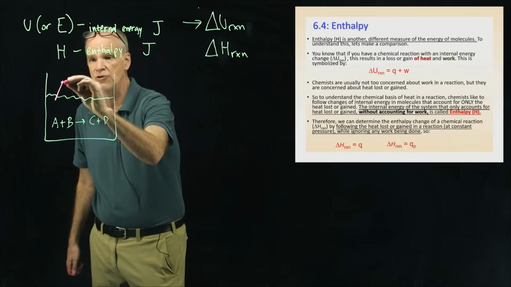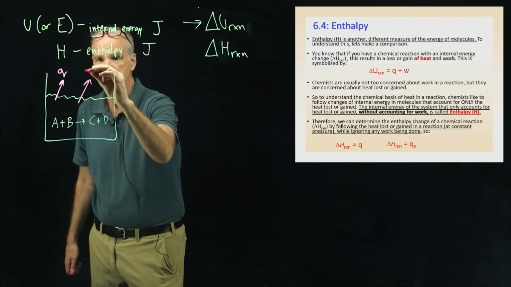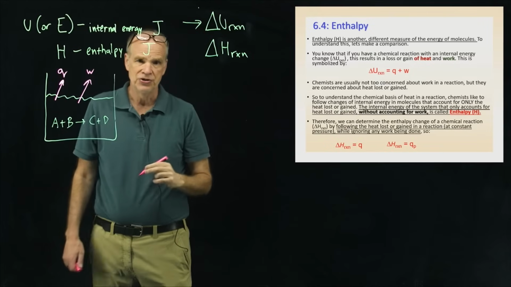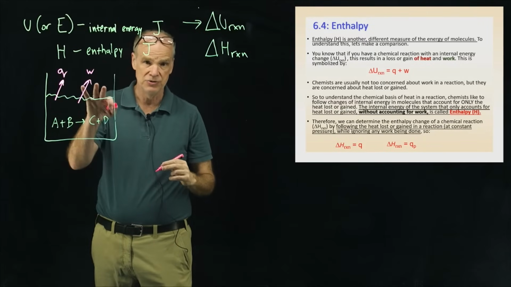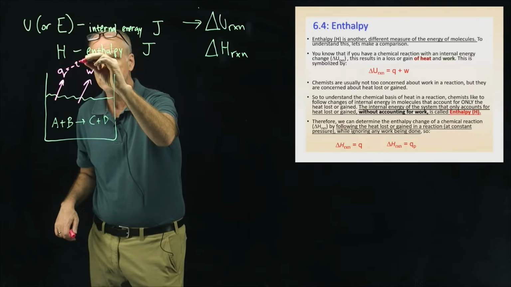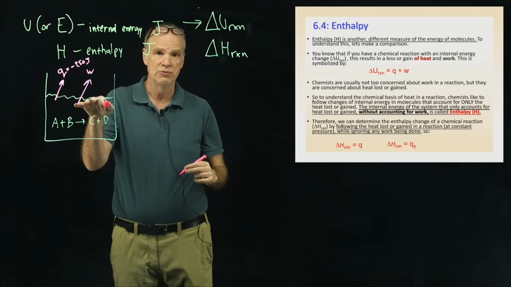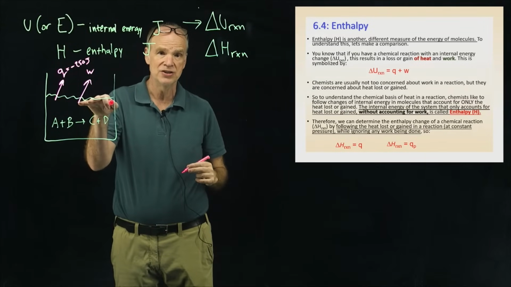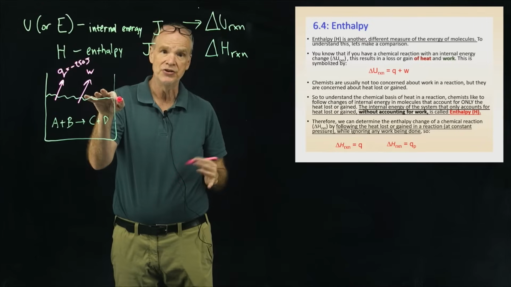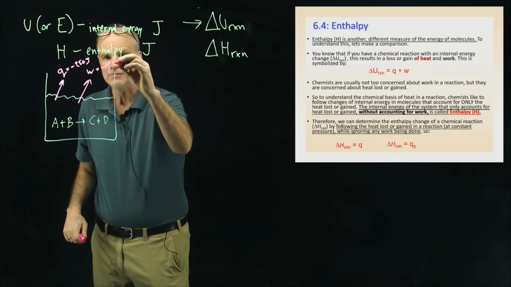One form is Q, and the other is W. Q is the heat released by the reaction, and let's say Q is negative 250 joules. W is the work that the chemical reaction is doing on the surroundings, and we'll give it a value of negative 150 joules.